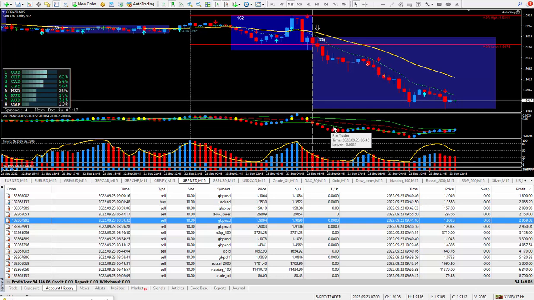I wanted to see the midpoint, and by the way, this line here will change colors, either blue to red or red to blue, but as long as the MACD dots are below, and then of course look at the bars, mostly red down here, we're below the midpoint, the 50.